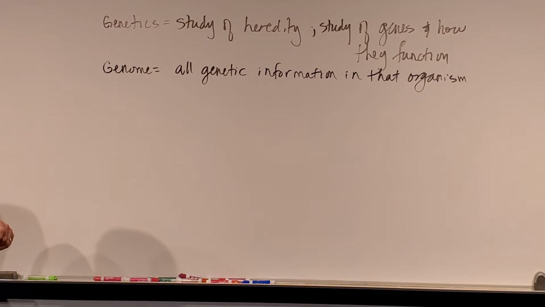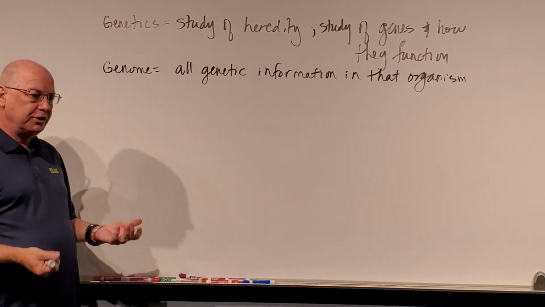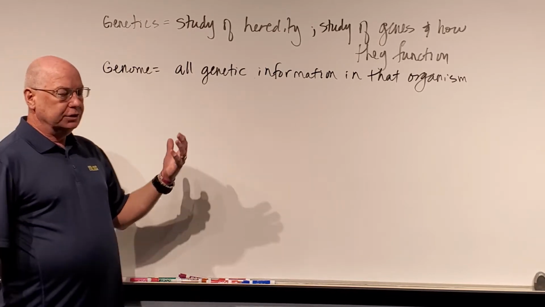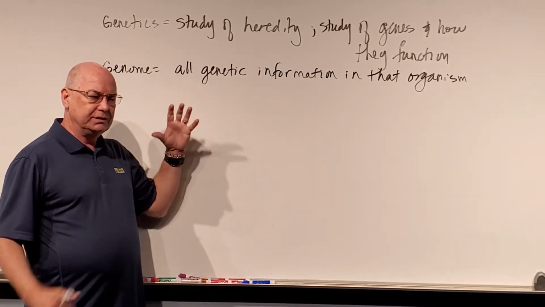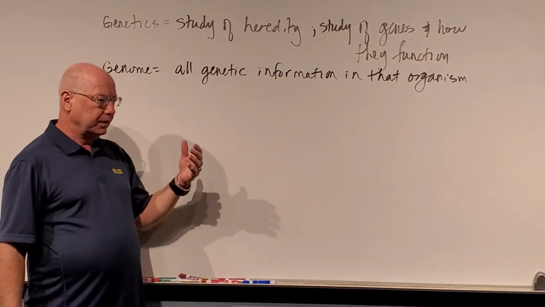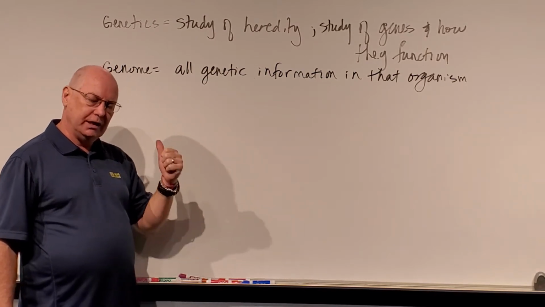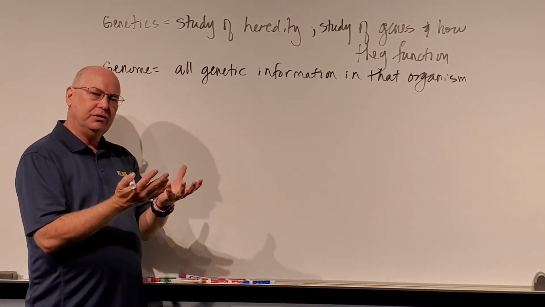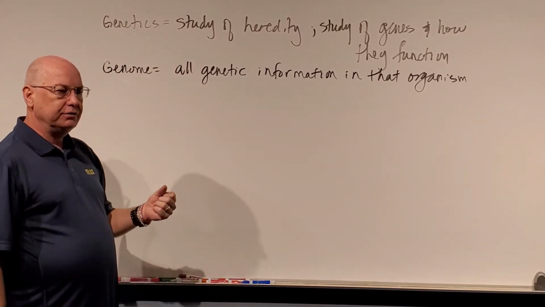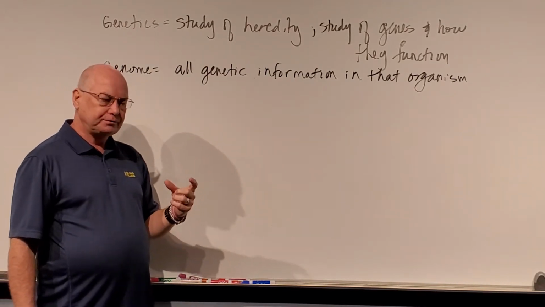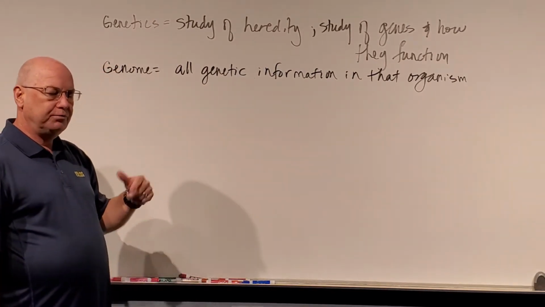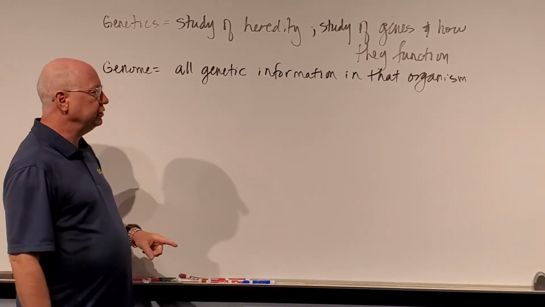Now, for essentially all eukaryotic cells, the genetic information, the DNA, is contained inside a membrane-bound organelle called the nucleus, whereas in prokaryotes, archaea, and bacteria, there is no nuclear envelope or nuclear membrane. There's simply a single circular chromosome. In eukaryotes, the chromosomes tend to be long and linear and have multiple genes on them, and there are many, many chromosomes. Whereas in prokaryotes, there's a single chromosome and it's circular.